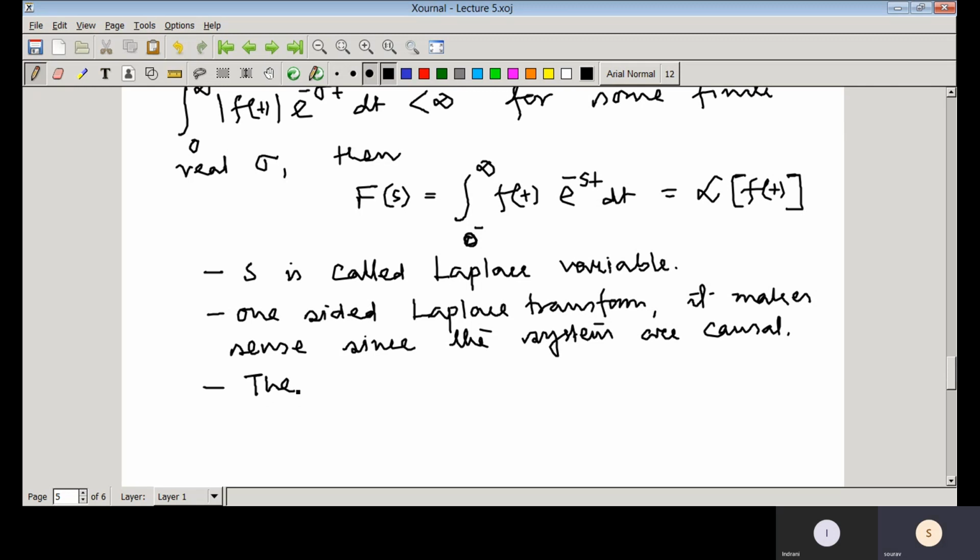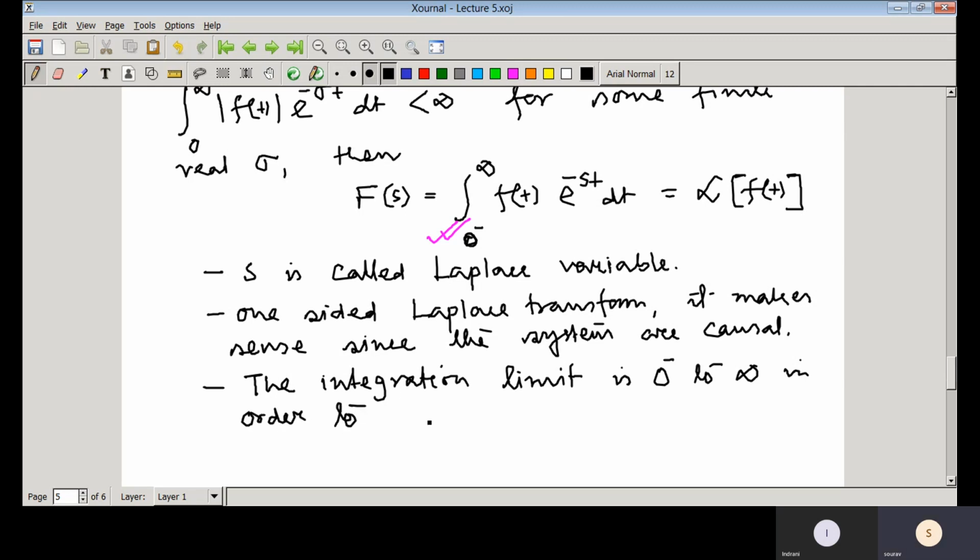And the integration limit, this one, is 0 minus to infinity in order to handle the jump discontinuity at the origin.